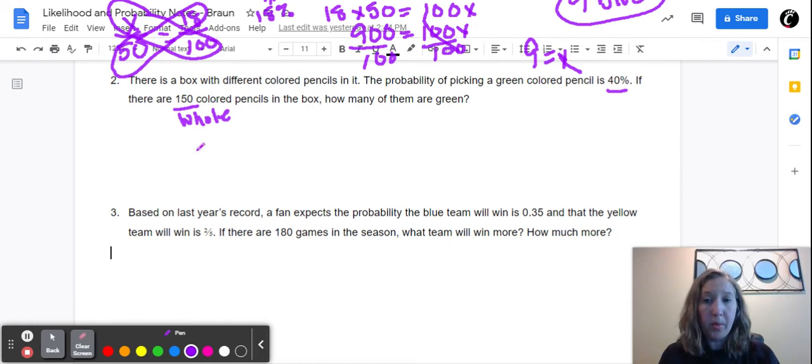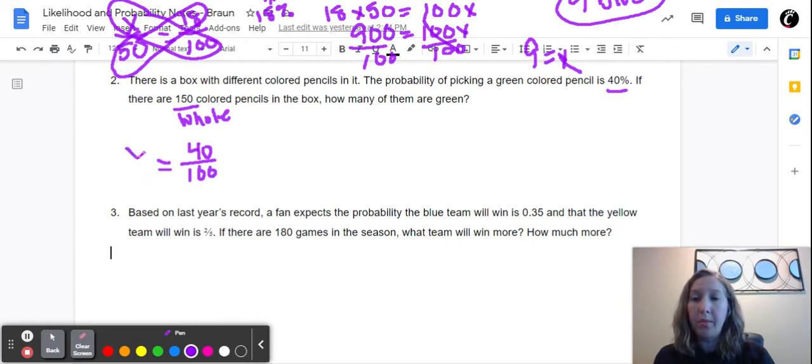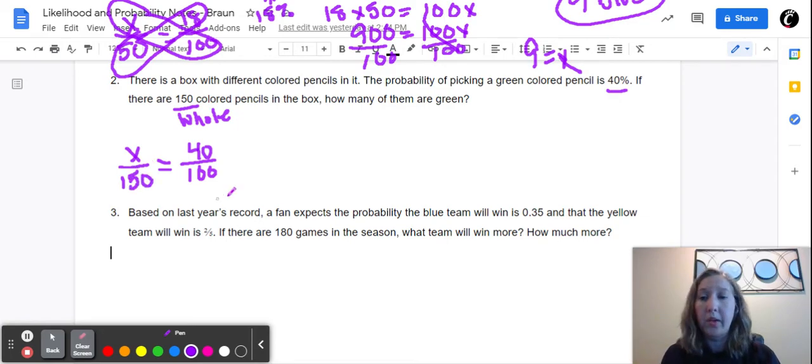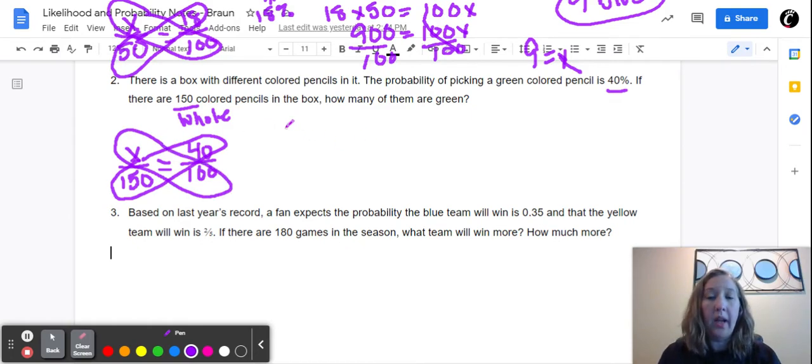So we're going to set up our proportion. I'm going to put 40 over 100. And I'm going to have on this side of my proportion x over 150 because again, my whole is 150 and x is representing the part of them that are green. So I'm going to cross multiply. So I have 40 times 150 equals 100x.